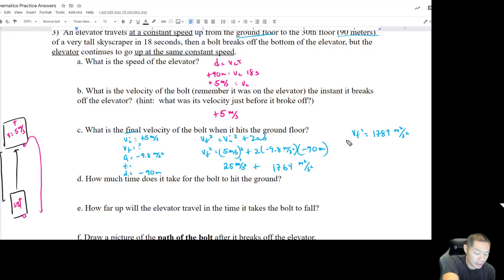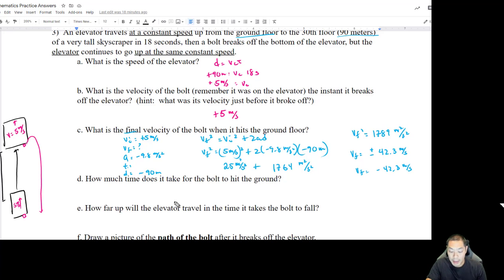Take the square root of that, and I get 42.3, plus or minus. Now you have to decide. Final velocity is going to be negative, so final velocity is negative 42.3 meters per second.